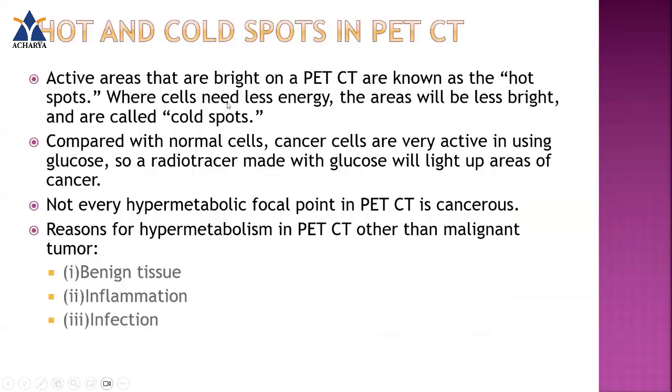Now, how do we get a diagnosis? It is diagnosis by hot and cold spots. What are hot spots and cold spots? Simply, the area which is active is known as a hot spot. It shows bright. The area which has less energy and is less active is called a cold spot. Compared with normal cells, cancer cells are very active because of glucose metabolism.